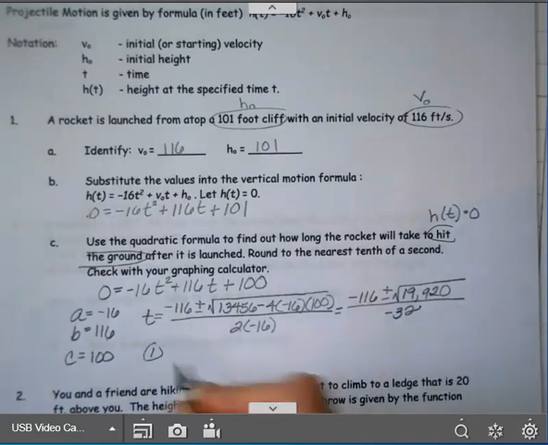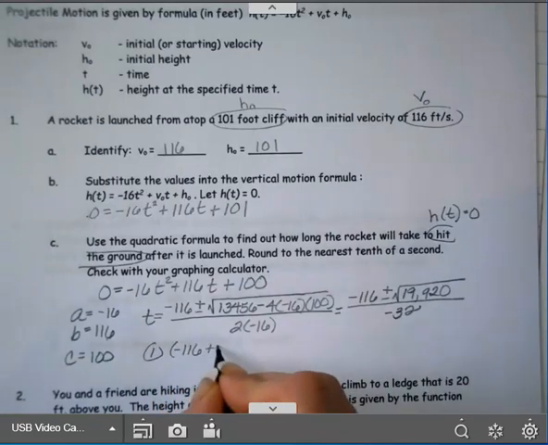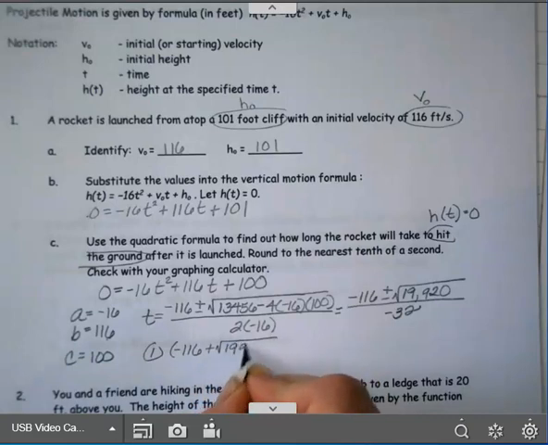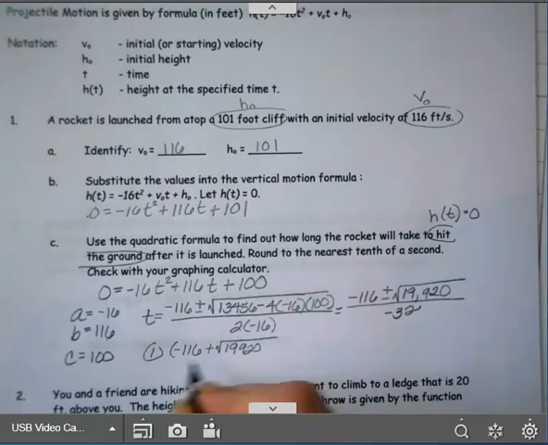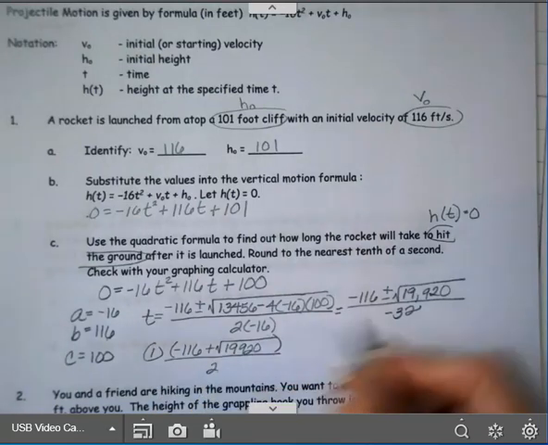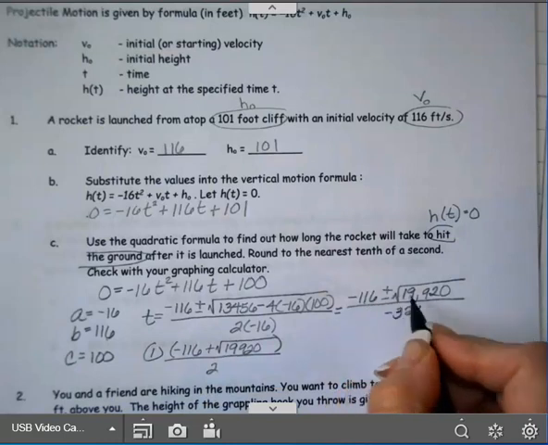This is not a perfect square. We're going to plug that in. Remember, you put the numerator in parentheses. We have 2 solutions we need to find. So the first one is negative 116 plus the square root of 19,920.